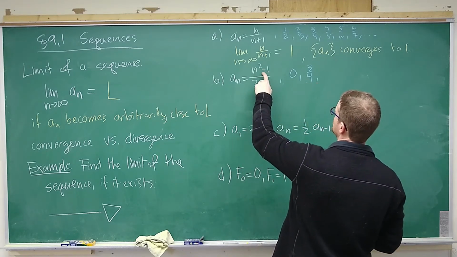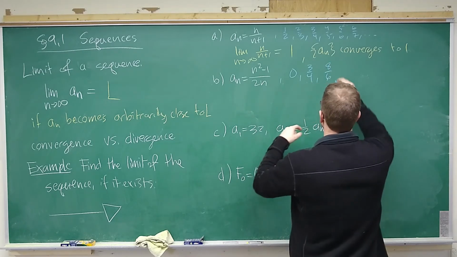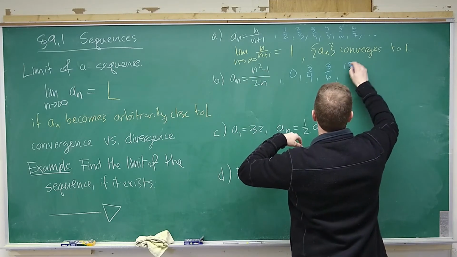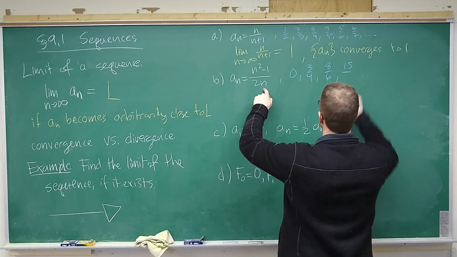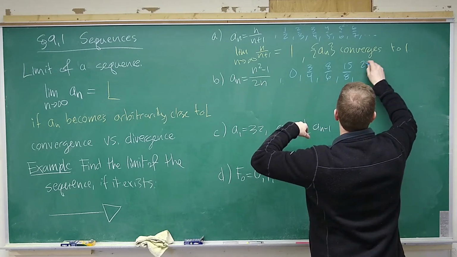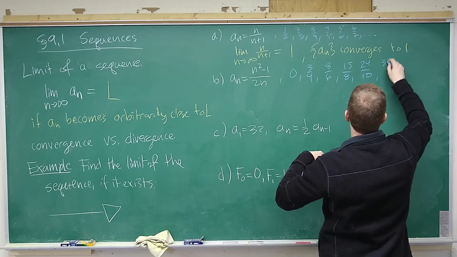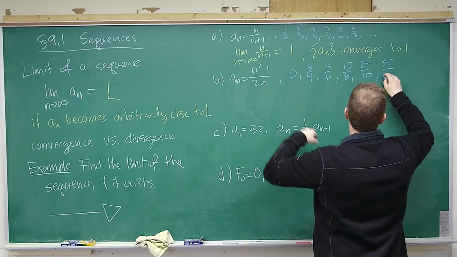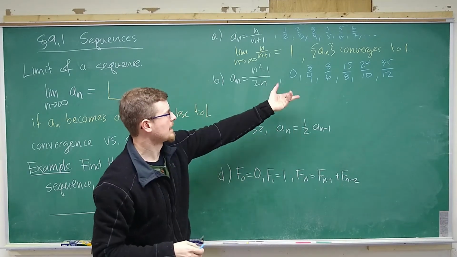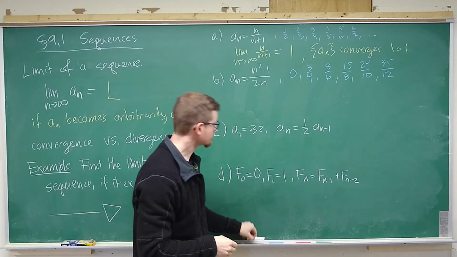Then 3 would be 8 over 6, 4 would be 15 over 8, 5 would be 24 over 10, and 6 would be 35 over 12. Some of these you can simplify, others you cannot, but this starts to give us an idea of what the sequence looks like.